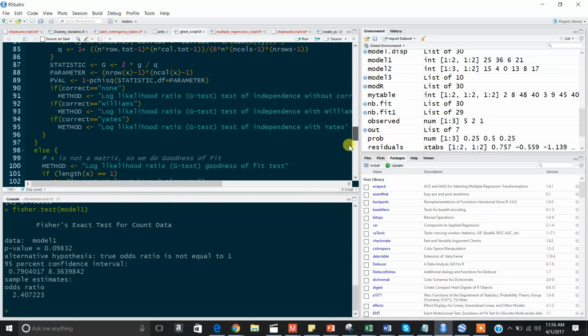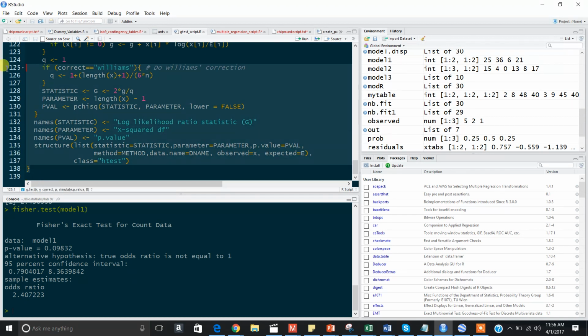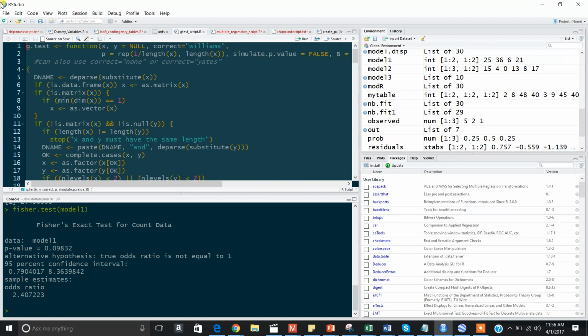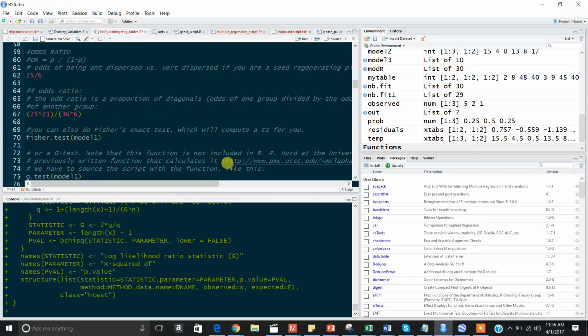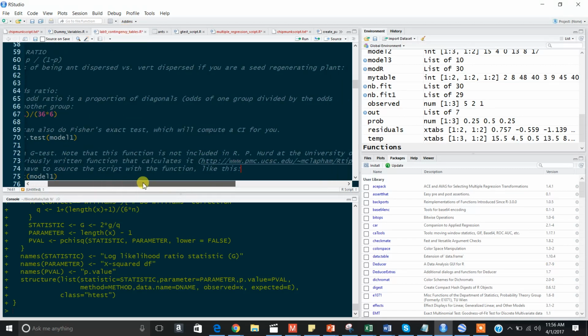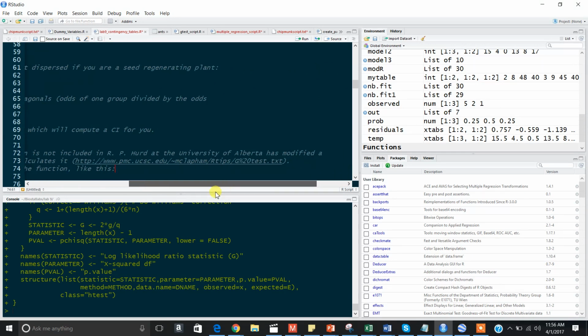So if you wanted to run the G-test, you can run this code here, and I'll run it just for fun. And you can get this from this website here. It's at the University of South Carolina, I think.